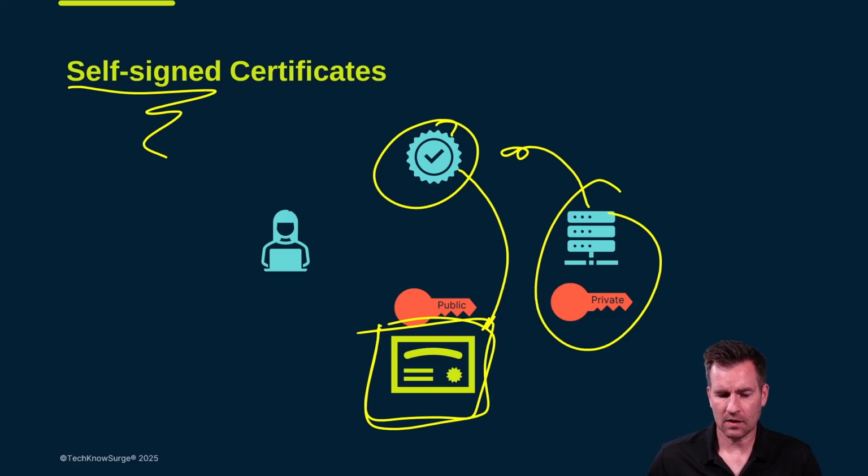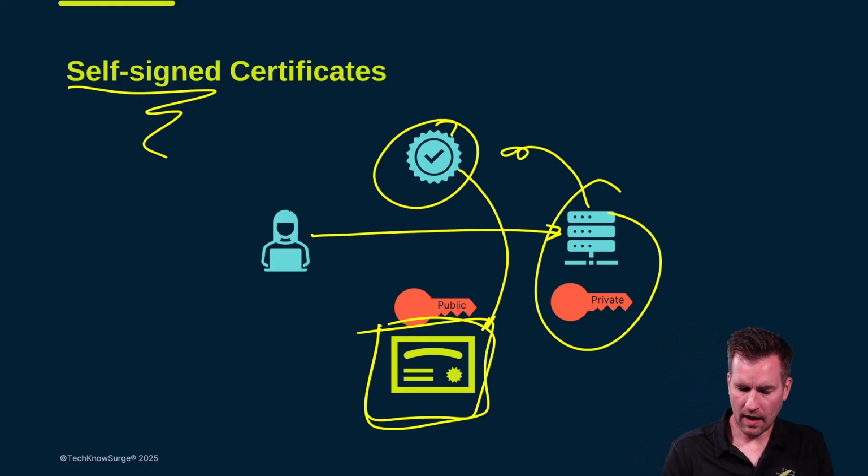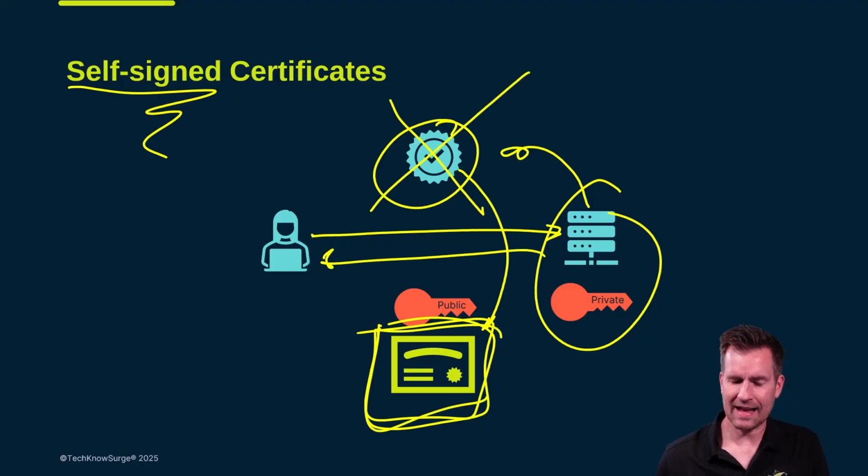So instead, what we can do is create self-signed certificates. Now, the self-signed certificate says, okay, when you connect to this, we're going to give you a self-signed certificate. There's not a certificate authority that's going to approve it, that's not the way it's set up, but instead, we're still going to use this certificate.